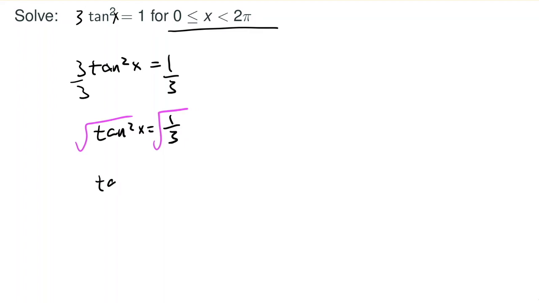So tangent x equals plus minus square root of 1 over 3, which we can rewrite as plus minus square root of 1 over square root of 3. But square root of 1 is just 1, right? So we have plus minus 1 over square root of 3. So on the unit circle, we need to find angles such that tangent of that angle is either 1 over square root of 3 or negative 1 over square root of 3.